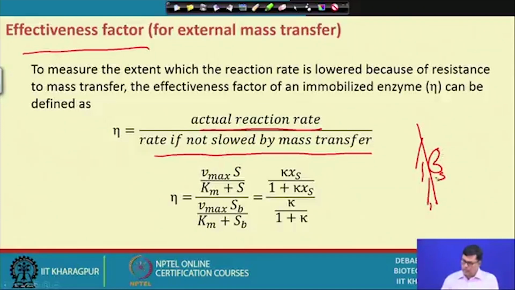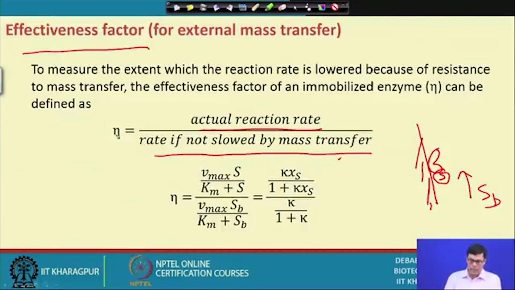Here the substrate concentration is S and in the bulk the substrate concentration is Sb. The actual rate of reaction depends on this substrate concentration. Now, rate divided by the rate if not slowed by mass transfer means if all substrate is available at the surface, then S will be equal to Sb and this will be As.